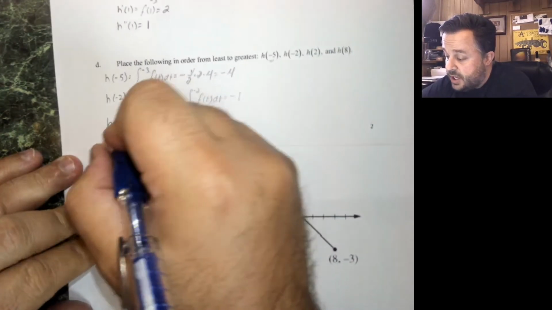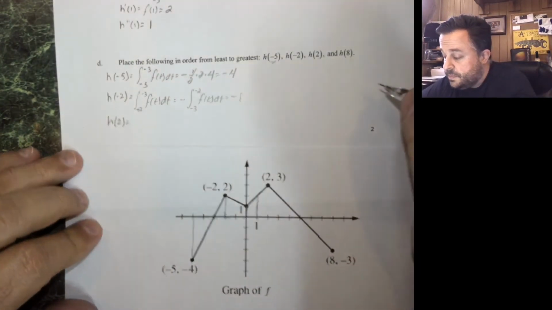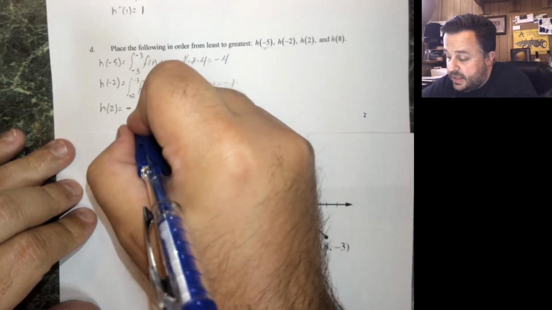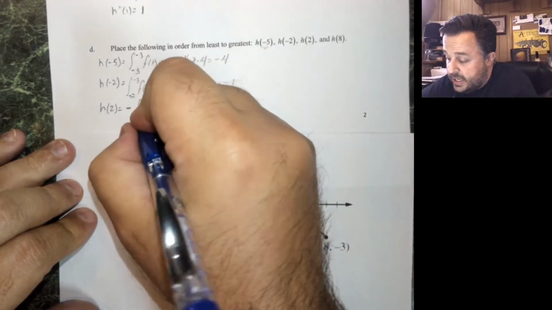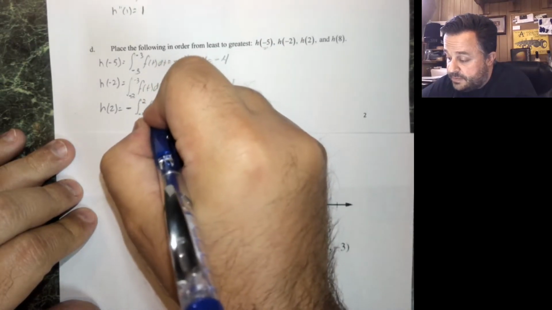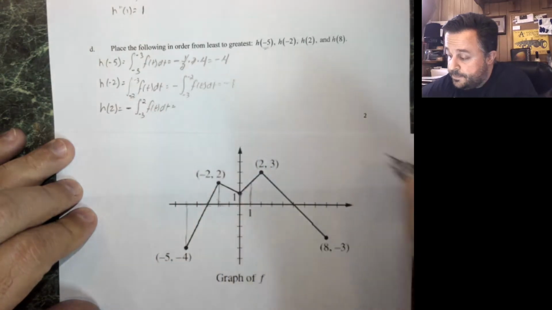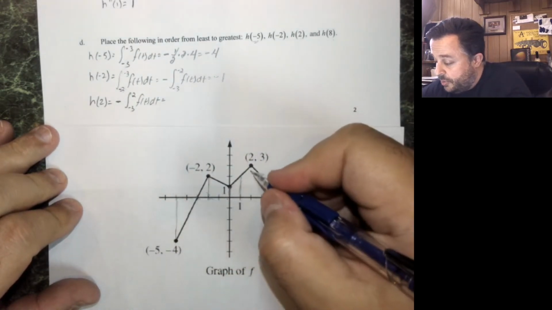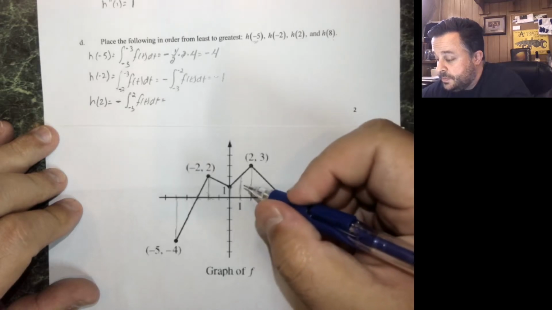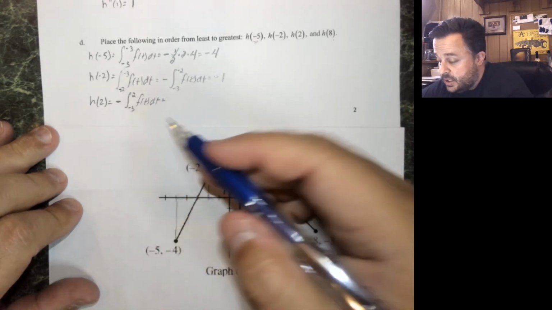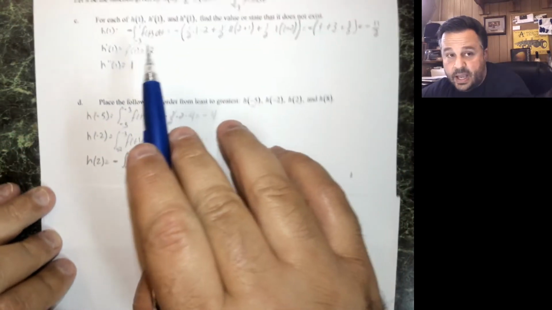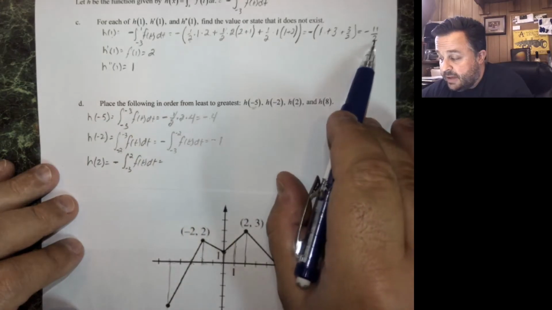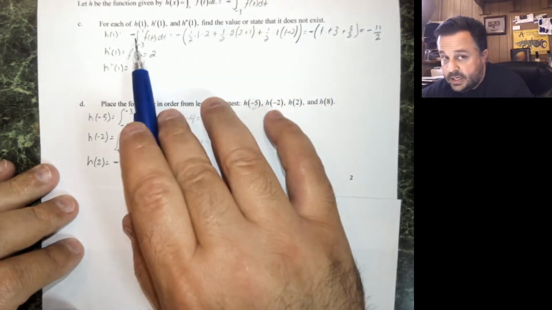Next, h of positive 2. This would be negative the area from negative 3 to positive 2 of f of t dt. So we're taking the area from negative 3 all the way out to positive 2, and we will negate it. Up here, we already found the area from negative 3 to positive 1. That came out to be 11/2, which we then negated.